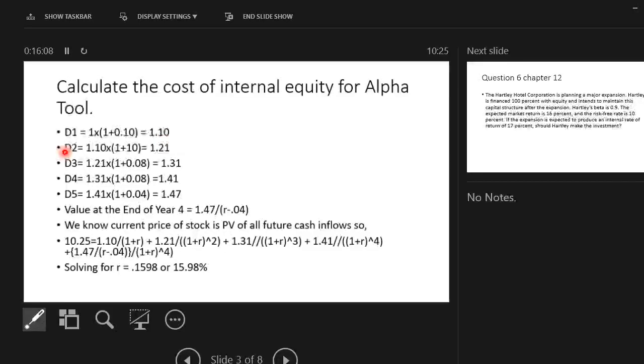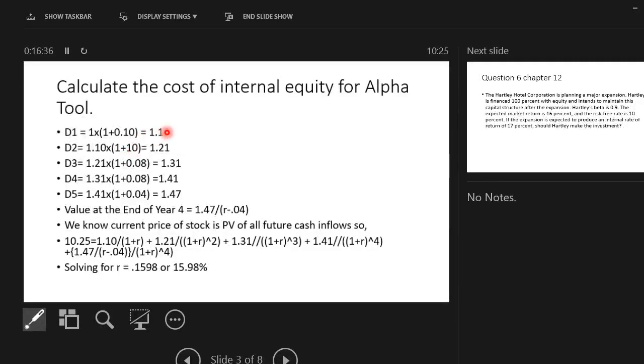All right, D2, based on what we discussed last time, I remember there's a time when we were dealing with a similar question like this, but we're dealing with valuation of common stock. So we would prefer taking this value, 1.10, and we just add the next 10% growth.